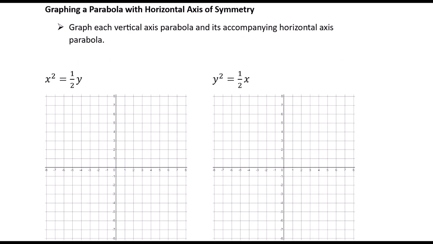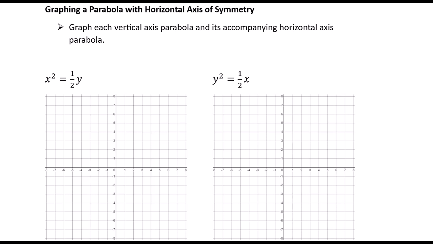Now, if we extend the concept of inversion to graphing parabolas and just accept the fact that these are not going to be functions when we're finished with the inversion process, we can graph a parabola with a horizontal axis of symmetry. So let's graph each of these vertical axis parabolas, and then we'll see what happens when we have the horizontal axis parabola after the x and y are switched.